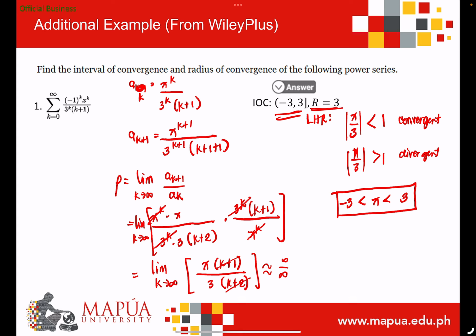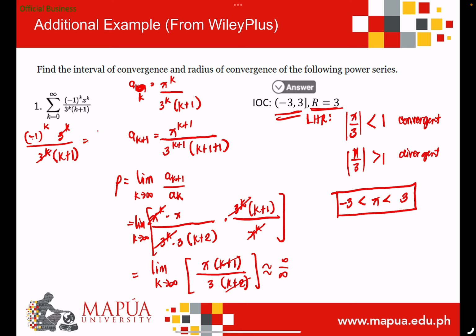Now we have to check at the boundary what would happen. So we try to check at -3 and +3. At +3, we have 3 raised to k over 3 raised to k times k plus 1. So we can cancel out 3 raised to k.